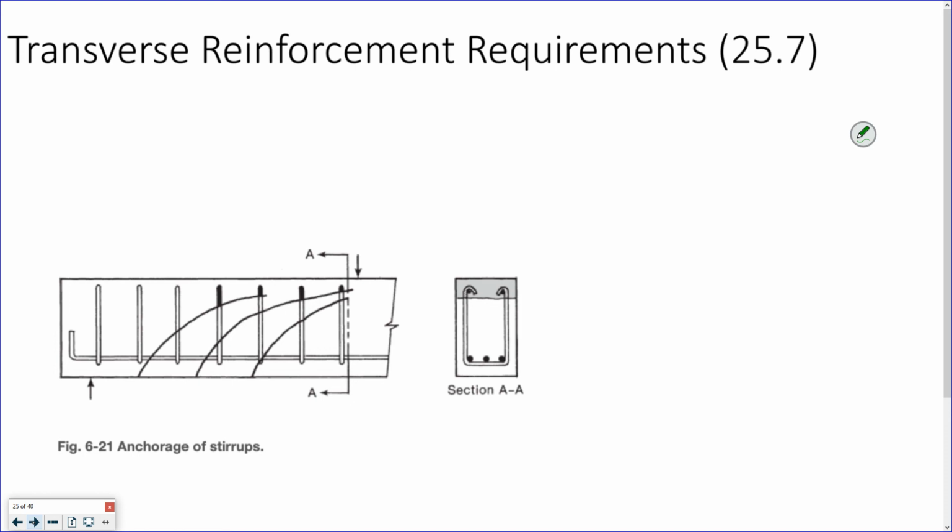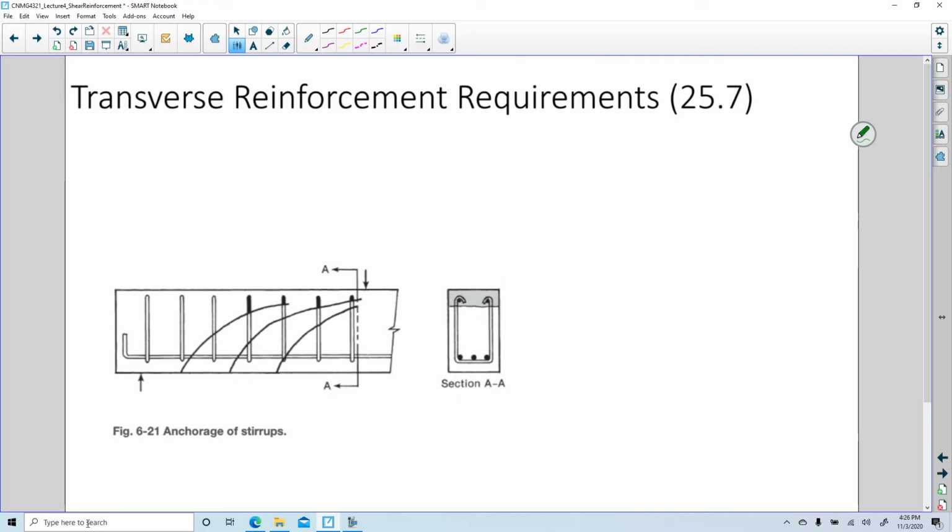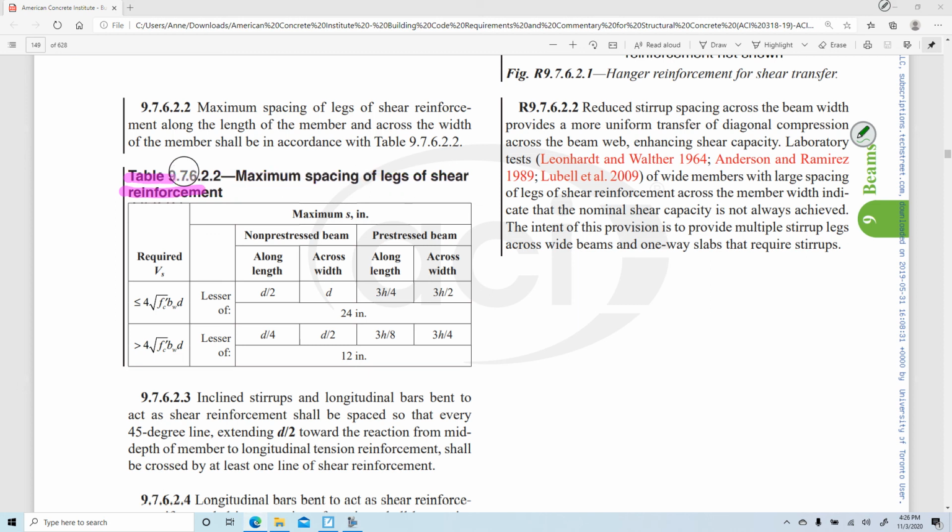If you go to 25.7, transverse reinforcement requirements.